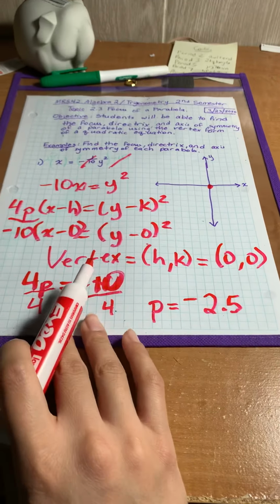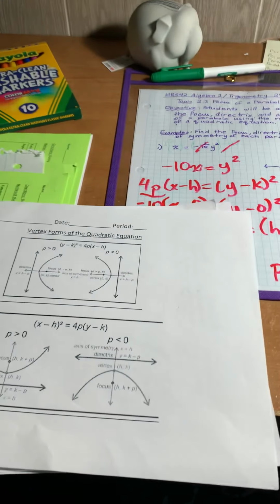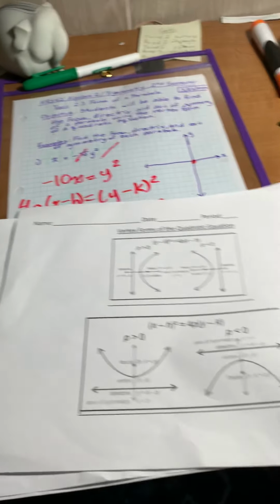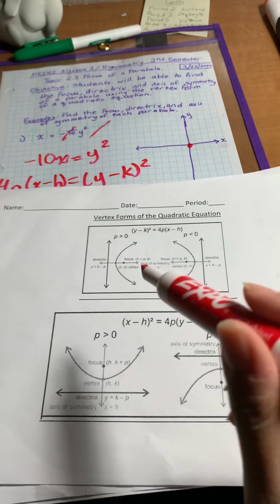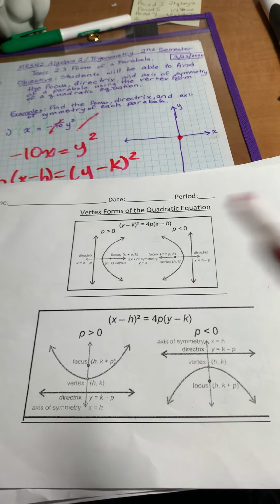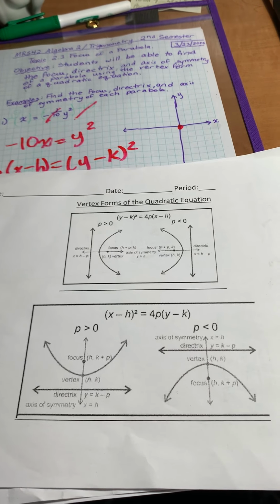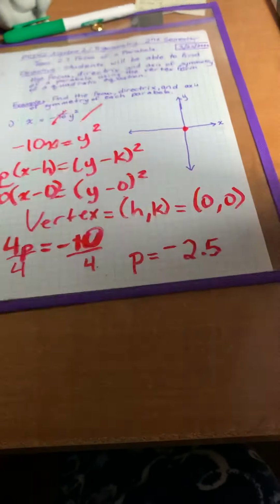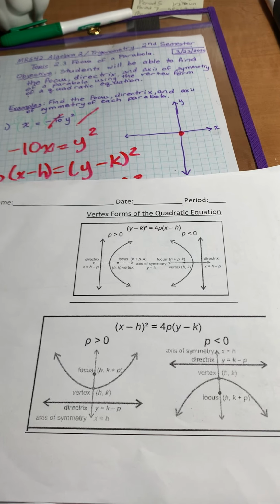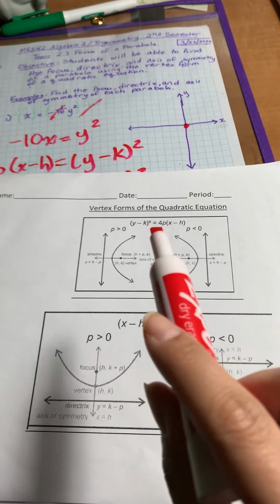Now, if we look back in our notes again, this is telling me a couple of things, right? First, since we're looking at y being squared, we know that our graph is going to open sideways. It'll either open to the positive values or to the negative values, right? Now, my p is -2.5. That's less than 0, so it's going to open to the left.